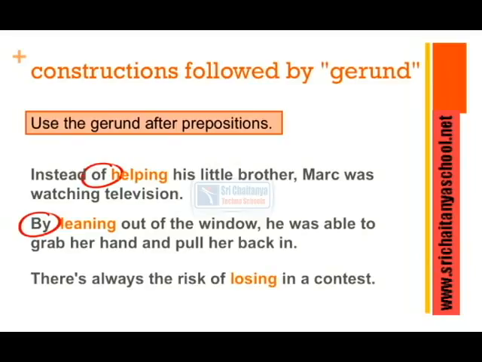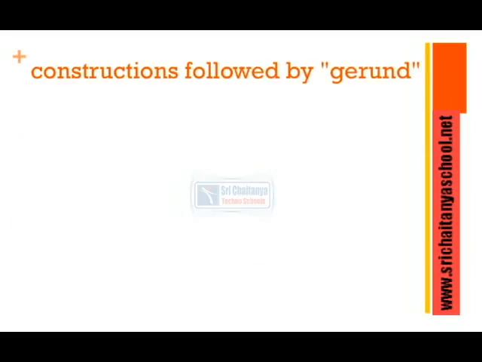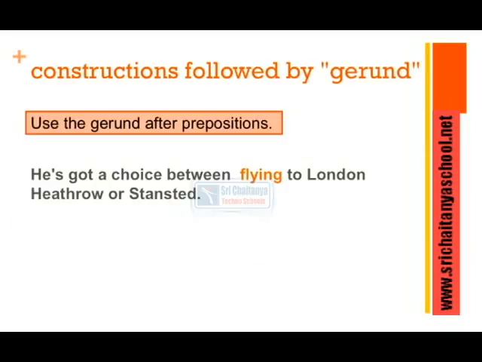And there's always the risk of losing in a contest. Now, of is your preposition, risk is a noun, so here you have noun, preposition, gerund. And this also goes with a choice between flying to London Heathrow or Stansted: choice, noun, preposition, and then flying, which is the gerund.